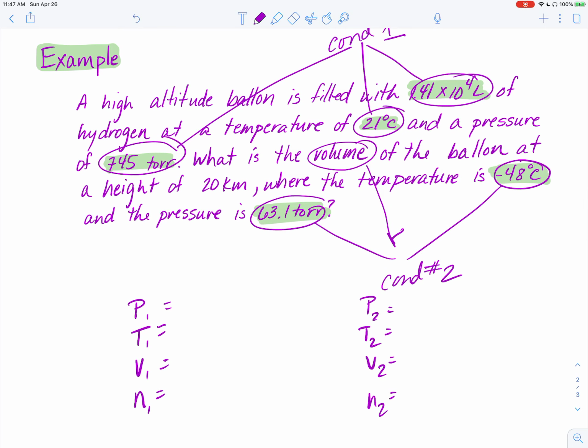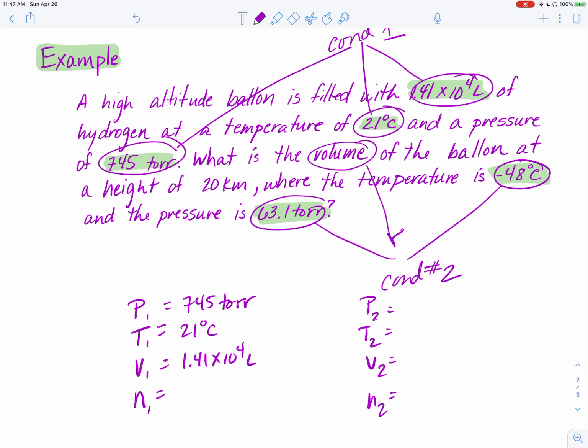For condition 1, the volume was 1.41 times 10 to the fourth liters. The temperature was 21 degrees Celsius. The pressure, 745 torr. And nothing was discussed about the number of moles.